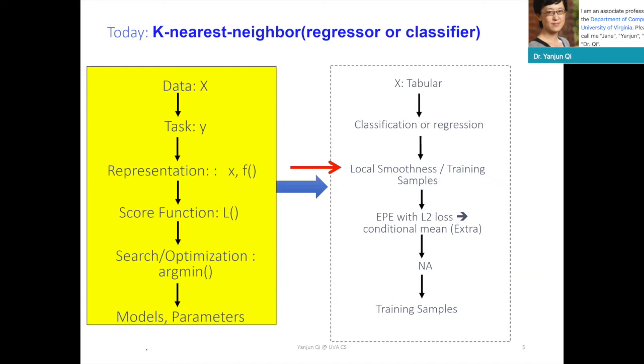In the end, it assumes the future point's target value is very similar to this future point's neighbors' target values. That's the basic assumption, which we summarize with the term local smoothness. I'm very similar to my neighbors in terms of the target output.